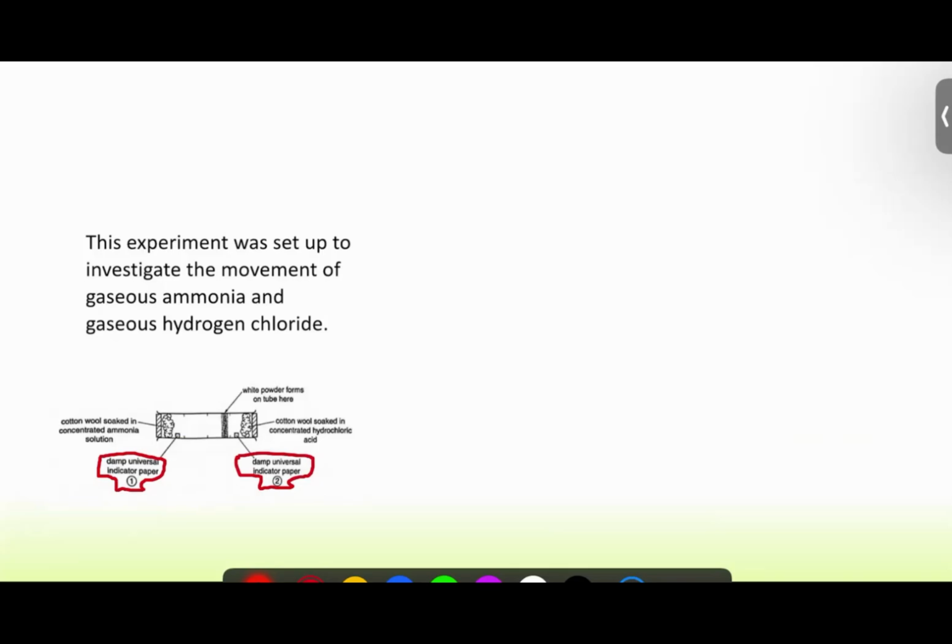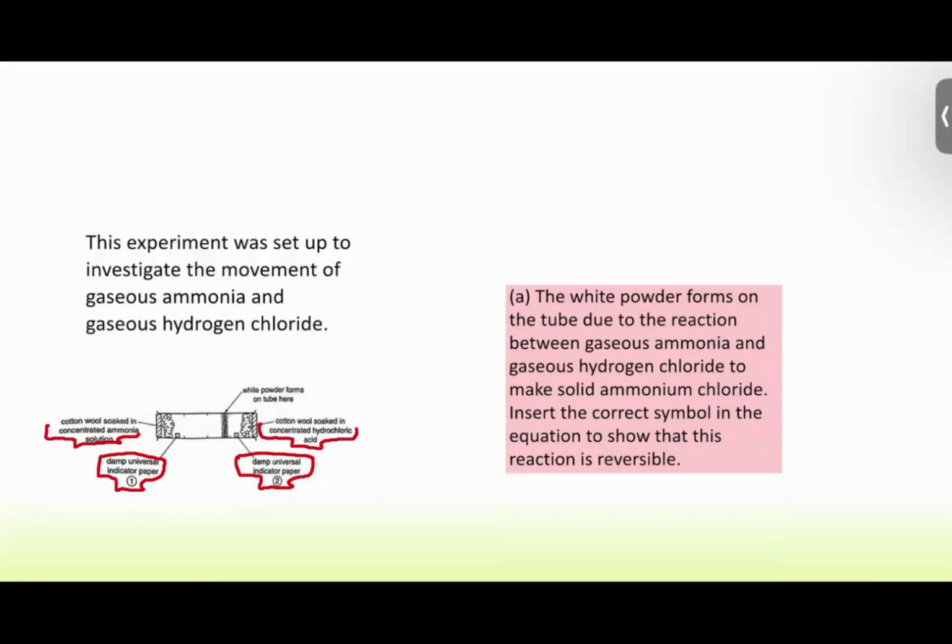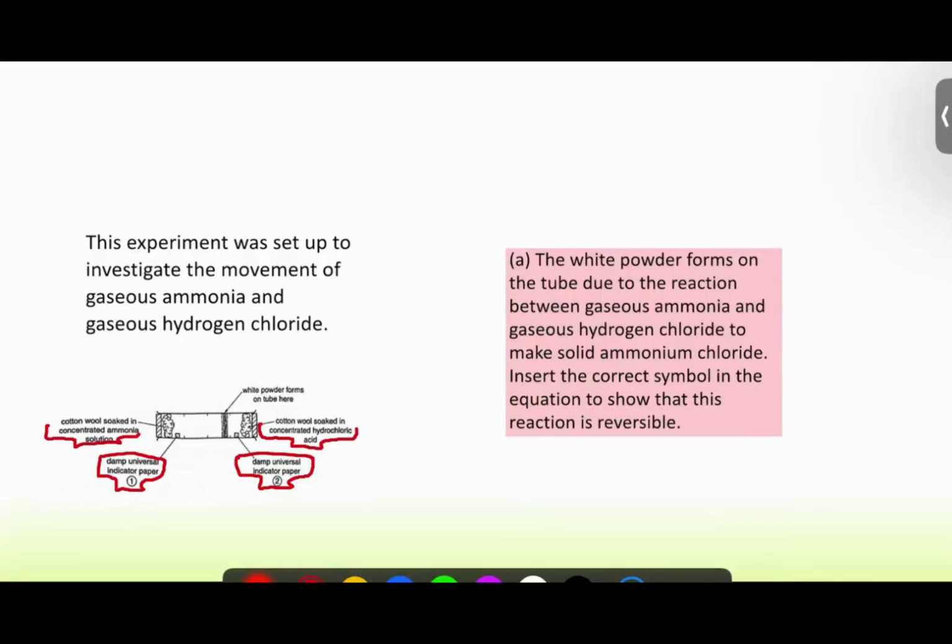What we can see here at number 1 is filled with concentrated ammonia solution, then on the right side is filled with concentrated hydrochloric acid. So let's see what the question wants. The white powder formed on the tube is due to the reaction between gaseous ammonia and gaseous hydrogen chloride to form solid ammonium chloride.